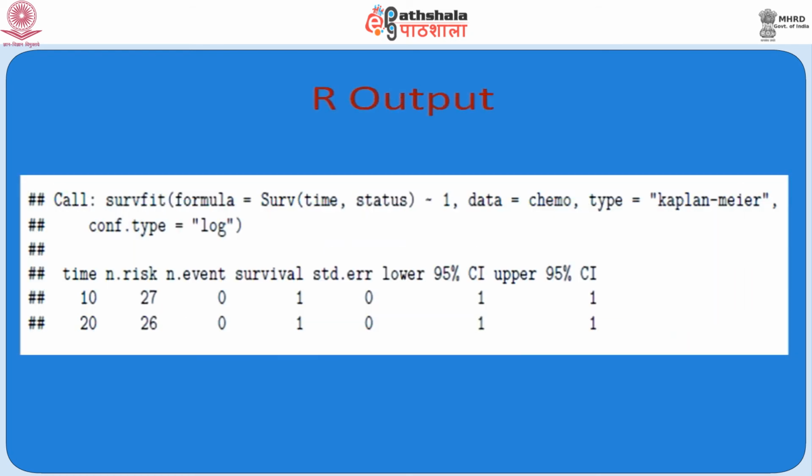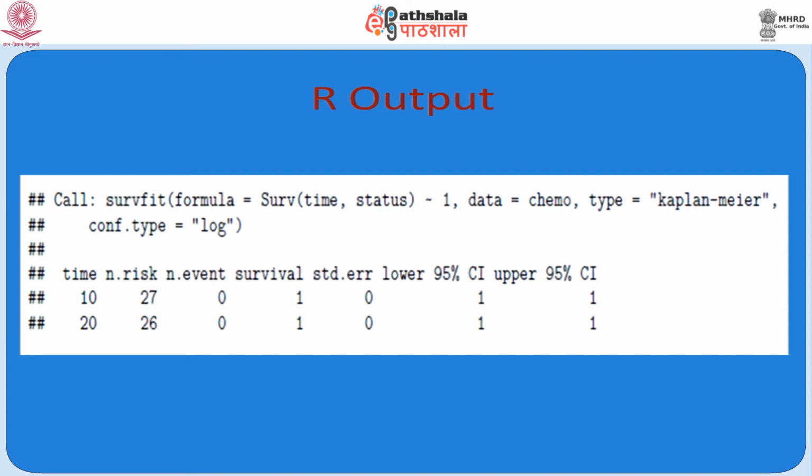This is the R output snapshot taken from the R result, where we had given the function that we have used, that is survfit, and thereafter time and status, and as data we had given km0, that is our dataset name.